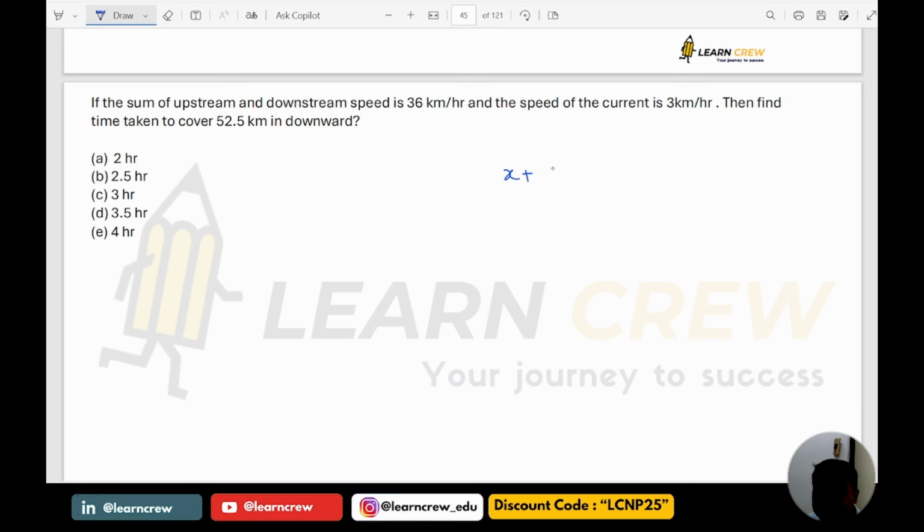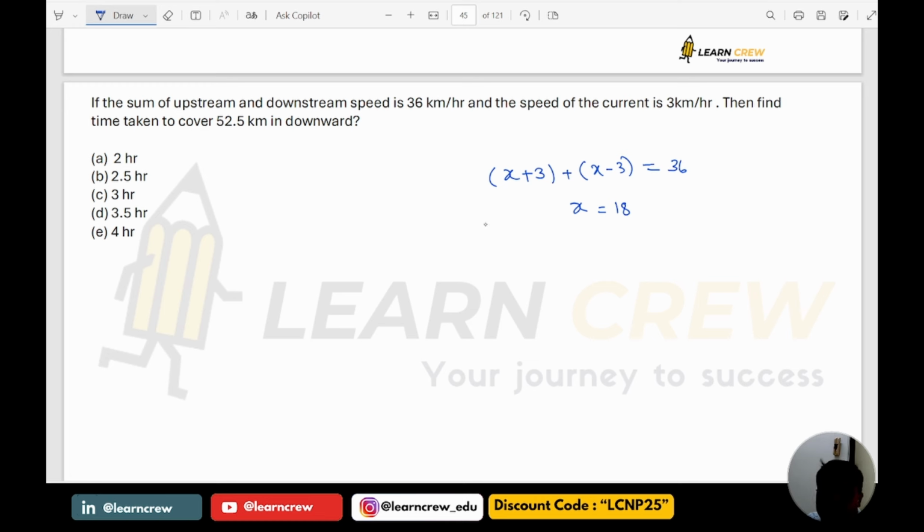Downstream speed is x plus y, and y is given as 3. So x plus 3 plus x minus 3, downstream speed and upstream speed, x plus y and x minus y, is given as 36. So from this I will get x as 18. 2x is 36, x is 18.